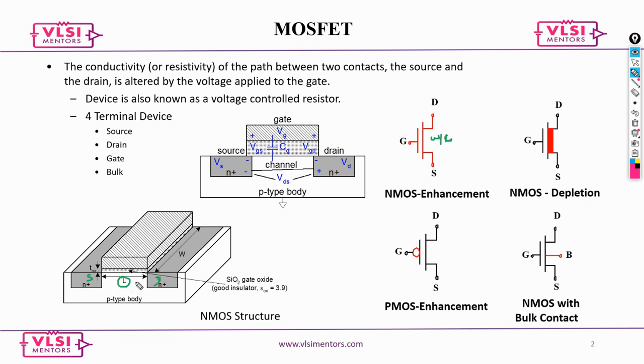Now the technology, when we say the technology, it is say 28 nanometer or 40 nanometer. What this means is the distance between the source and the drain is basically 0.028 micron, or 0.04 micron.